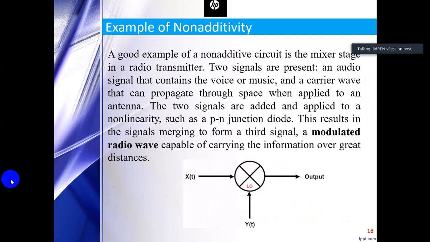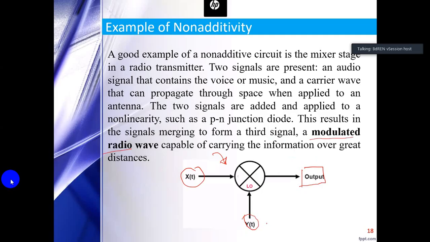In this example, you can see it is a mixture. That means some low frequency signal is modulated or mixed by a high frequency signal in order to produce the output. In this case, it is not following the additivity property because the output is a modulated signal.